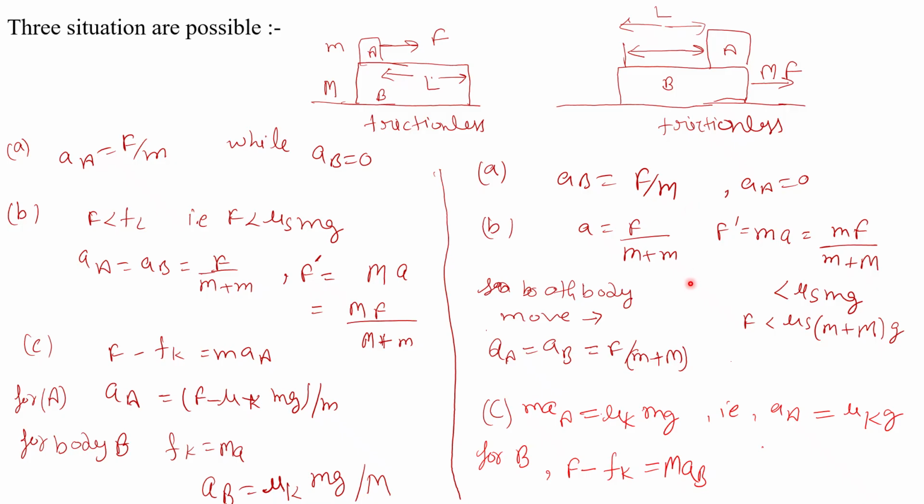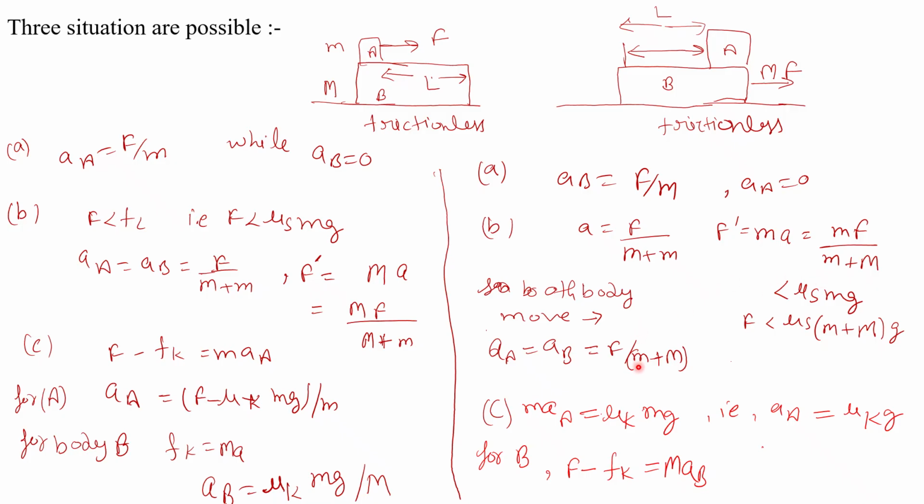Second condition, if friction is present between A and B only and both are moving together, then the formula is a = F/(M + m). So the force on body A will be F' = mF/(M + m).